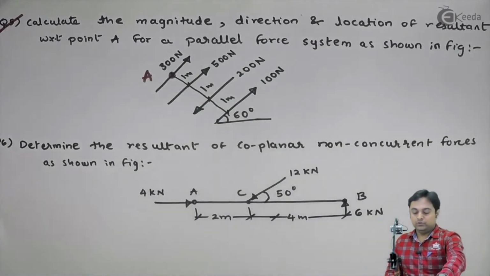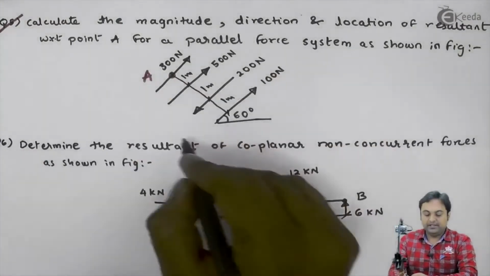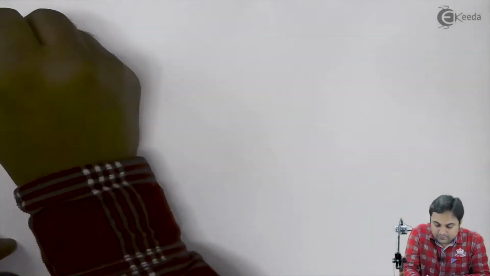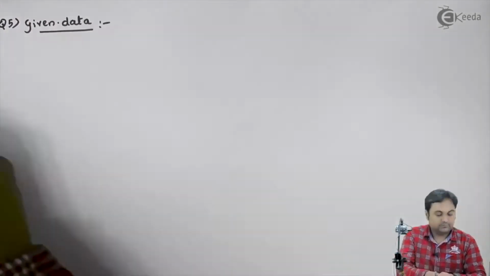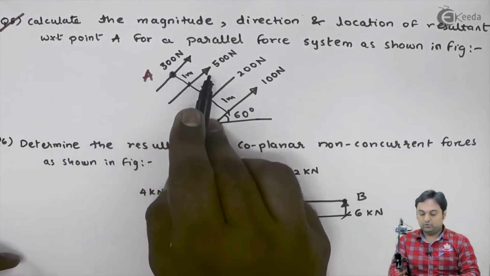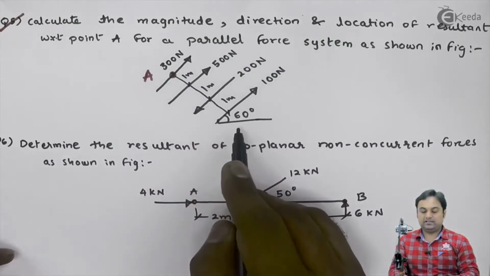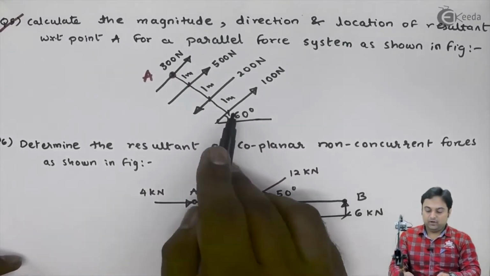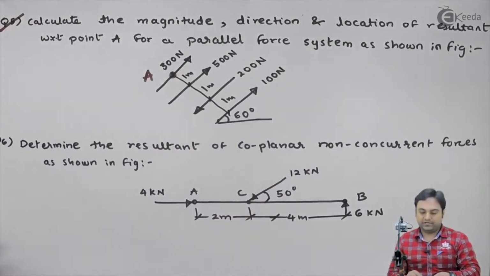So what we will do, first we will draw the diagram again. Here we have 1, 2, 3 and 4 forces inclined at 60 degree, and all the forces are parallel to one another.